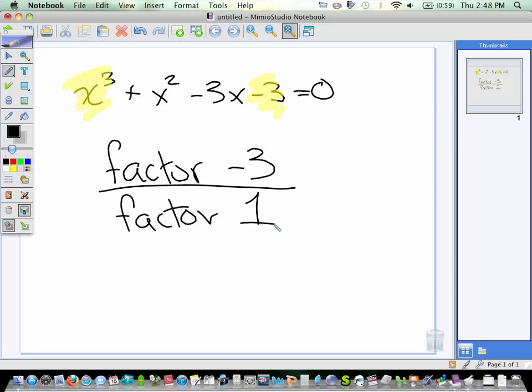Some of them are obvious, some of them are not obvious. Our factors of 3 and our factors of 1, when we do this out, are going to be plus or minus 3, and plus or minus 1. When we divide it out, we're going to have positive 3, -3, positive 1, -1. So, these are the only possible rational roots for this equation.